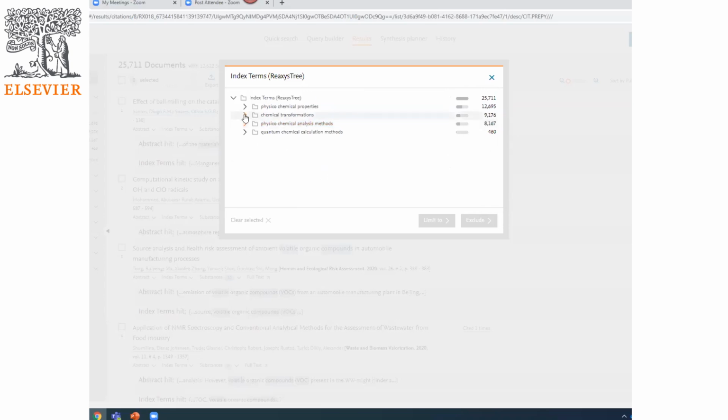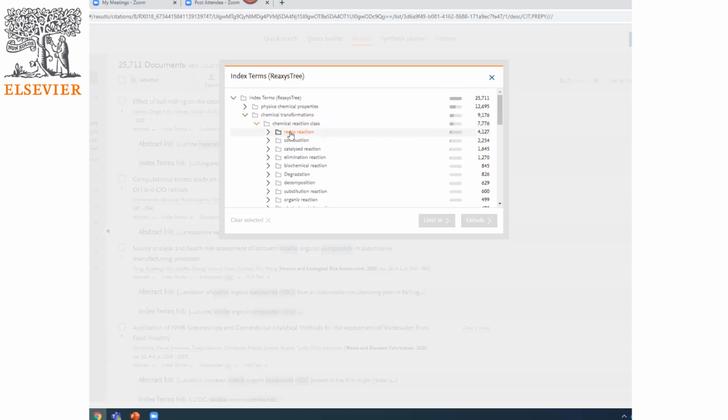But we are, at the beginning, interested in how to transform our compounds, how to oxidize them. So we can go here, chemical transformation, chemical reaction classes, and we can see that number one is redox reaction. Number two is combustion. Number three is biochemical reaction, but the number of papers with this is much lower.